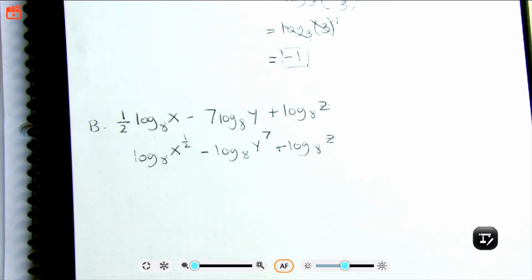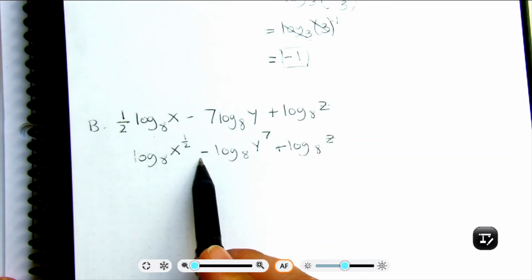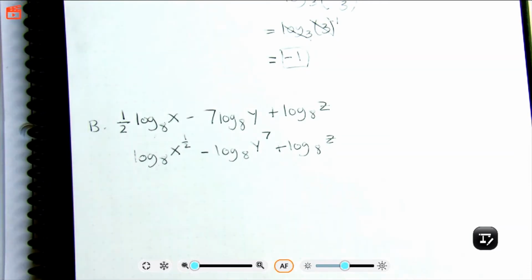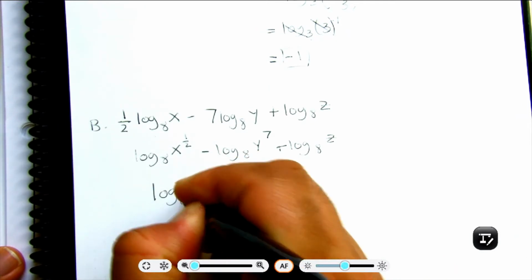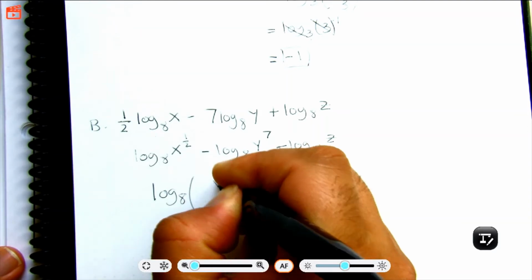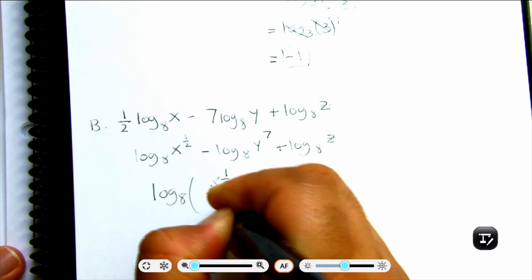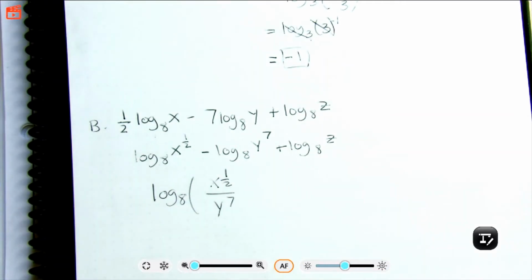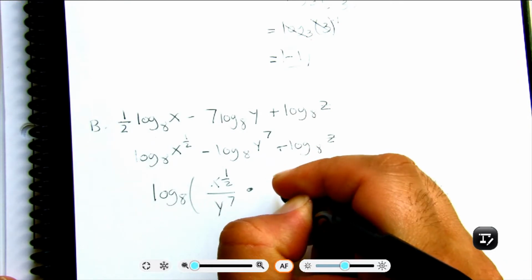So these two are minus, and then we have an addition. So I could combine this. I could write this as log base 8 of x to the 1/2 over y to the 7 times z.